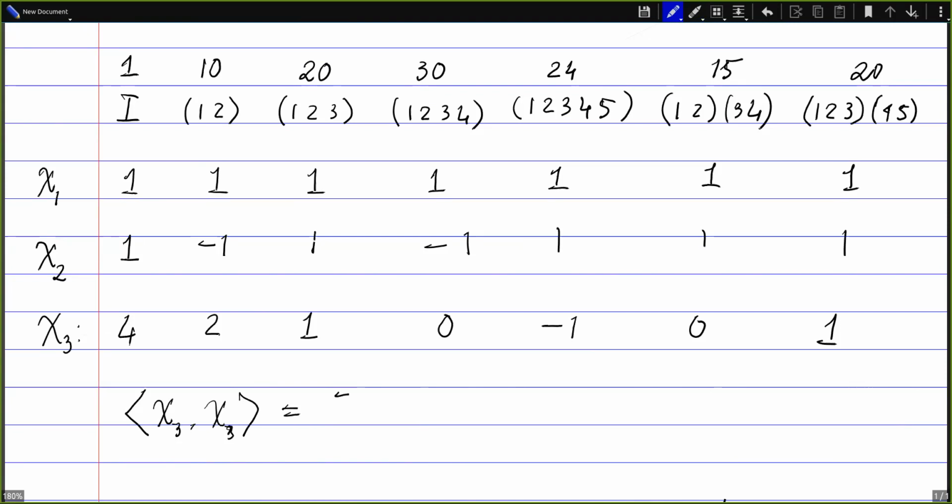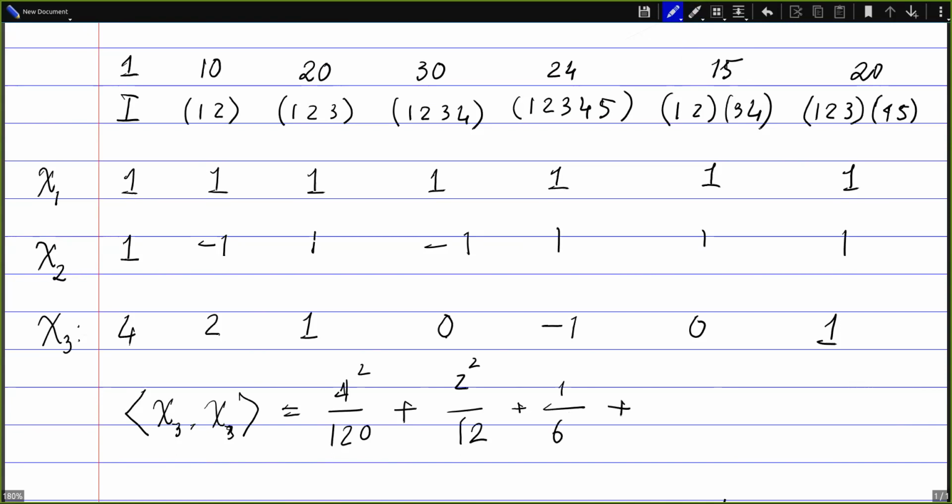The first one comes to be 4 squared by 120. These are just from the definition. Then we get 2 squared by 12, and then 1 by 6.